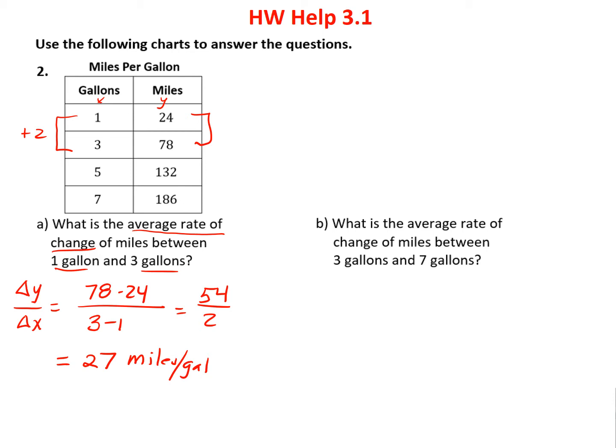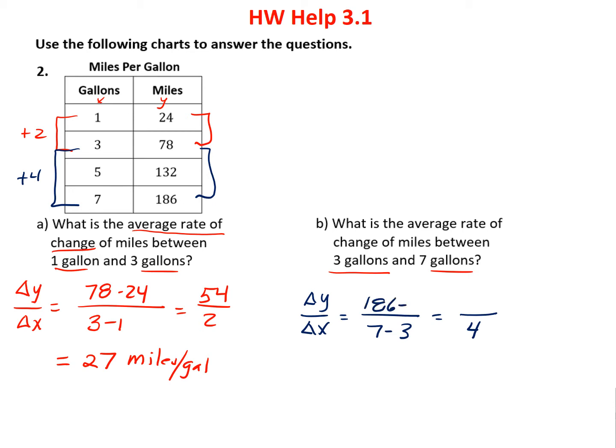Now in the next one, we want to do it between 3 gallons and 7 gallons. I'll change my ink to see that. Between 3 and 7, that's how much X changes, up 4. So my delta Y over my delta X: for my change in X, it's 7 minus 3, which is 4, and for my Y, it's 186 minus 78.